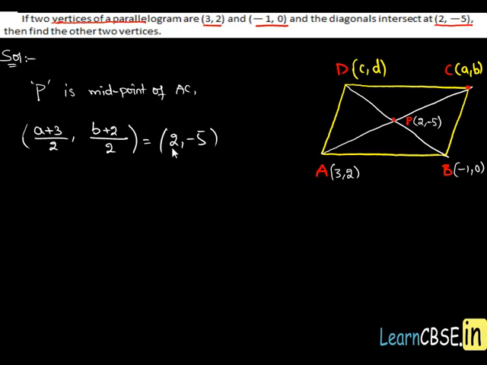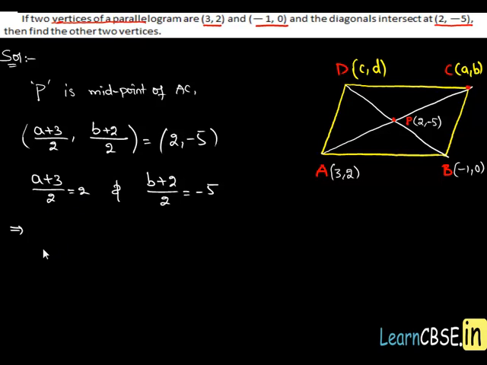These two ordered pairs are equal when their respective x coordinates and y coordinates are equal. Let's equate their respective coordinates. We have (a plus 3) upon 2 is equal to 2 and (b plus 2) upon 2 is equal to -5. By simplifying this, we get the values of a and b, which are the coordinates of vertex C.